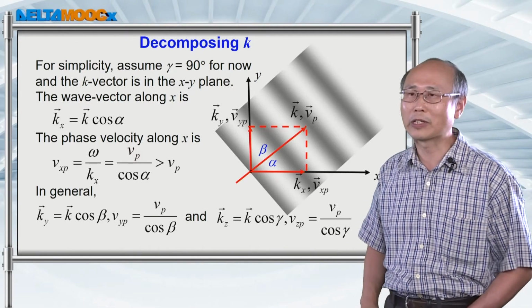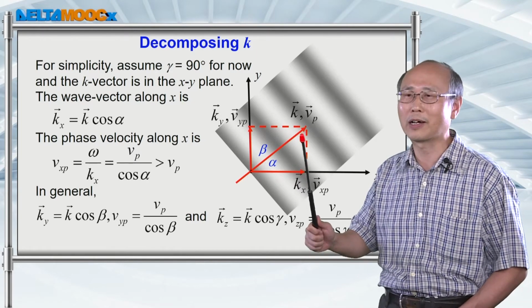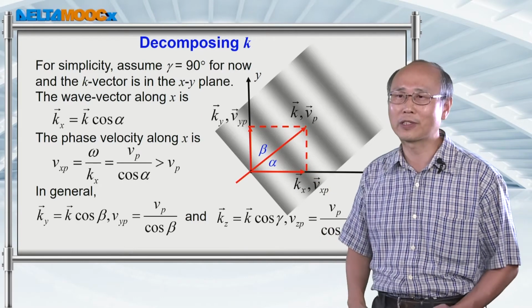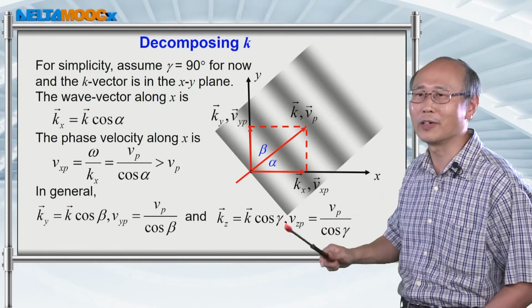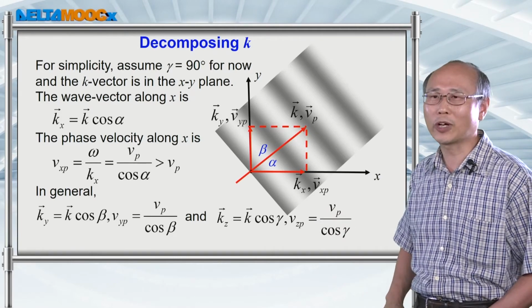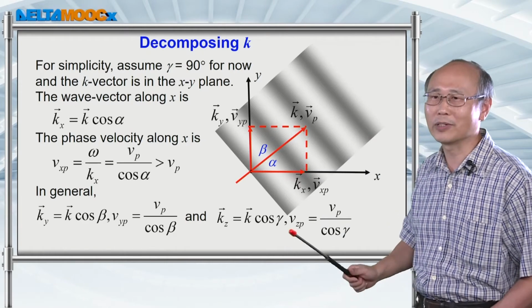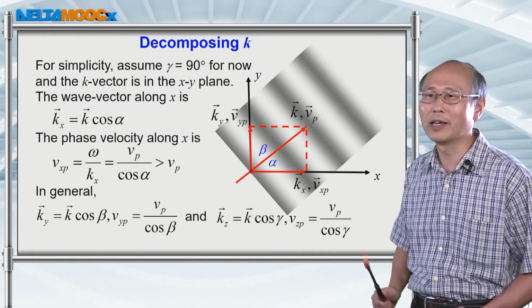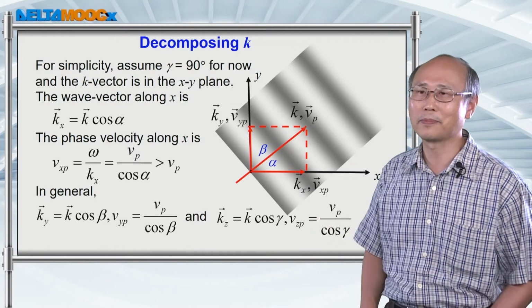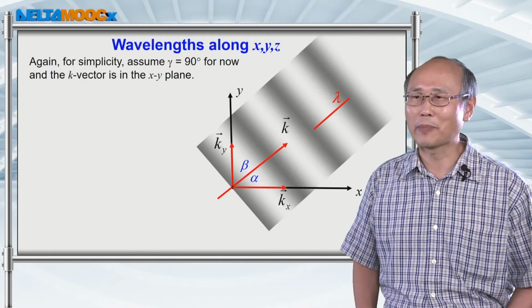In general, the shortest wavelength is along the wavefront normal direction, and therefore the smallest phase velocity is along the k direction, or an direction. If you calculate the phase velocity along other directions, their value will always be larger than the phase velocity along the an direction.